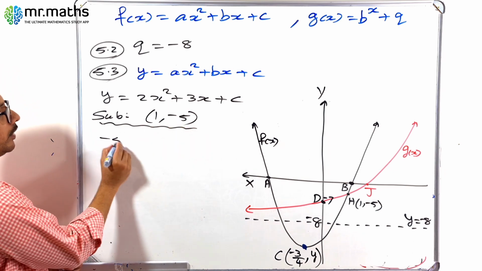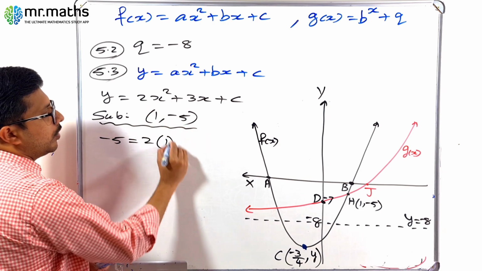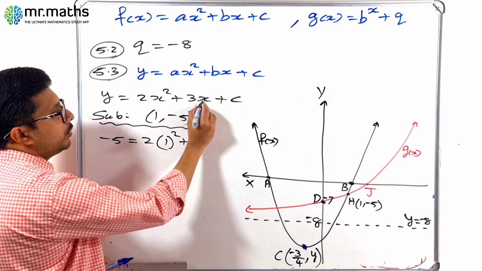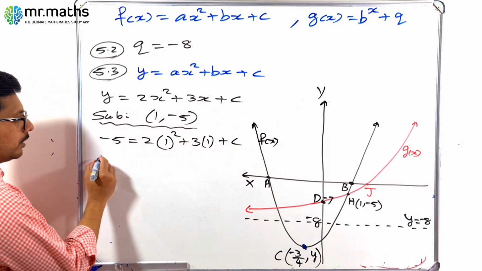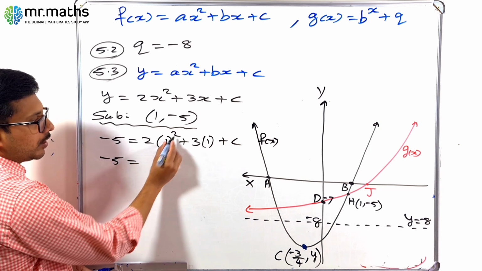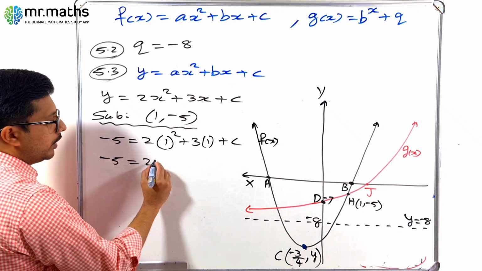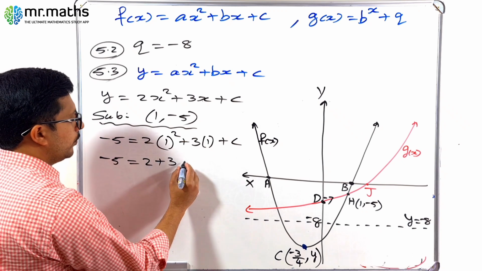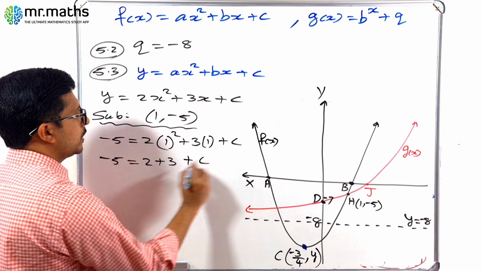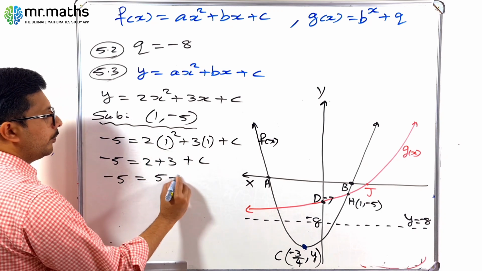Minus 5 is equal to 2 into 1 square plus 3 into 1 plus c. So minus 5 is equal to 2 into 1 squared, which is 2, plus 3 into 1, which is 3, so 2 plus 3 is 5, plus c.